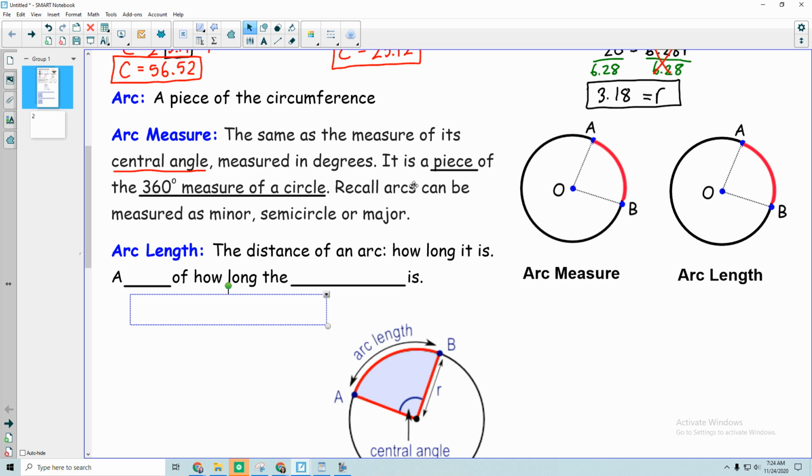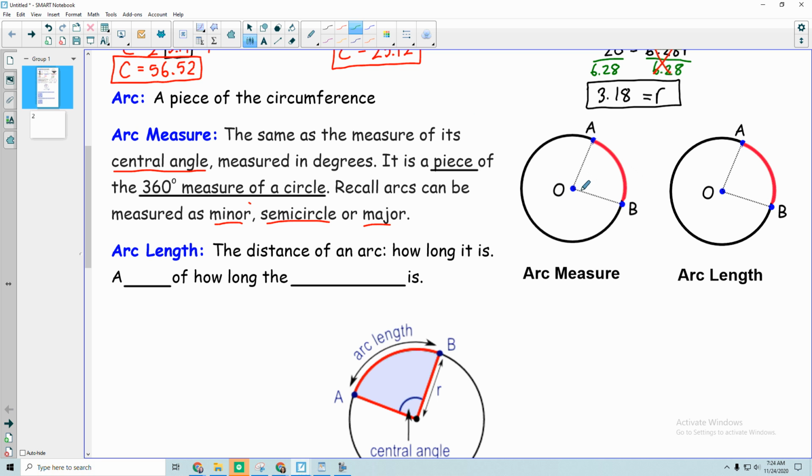So recall that arcs can be measured as minor arcs, you can have semicircles, or major arcs, okay? And that all has to do with their arc measure. So that we've learned before about minor, major, and semicircles, okay? So here, just a quick review from stuff that we've learned before.